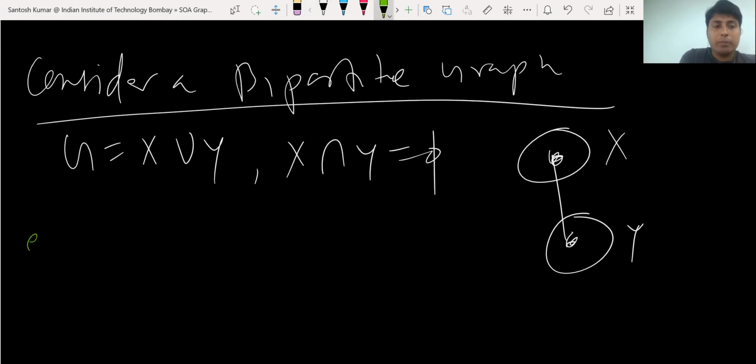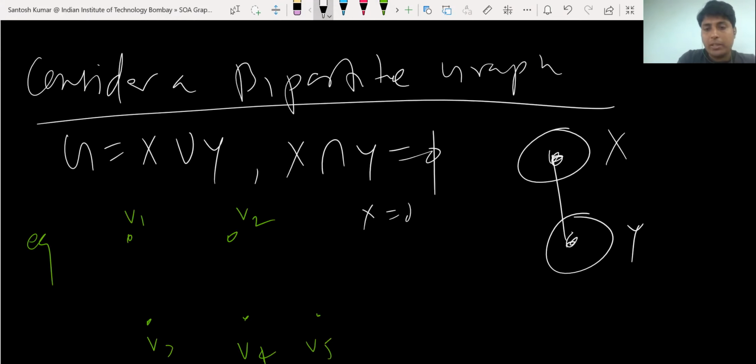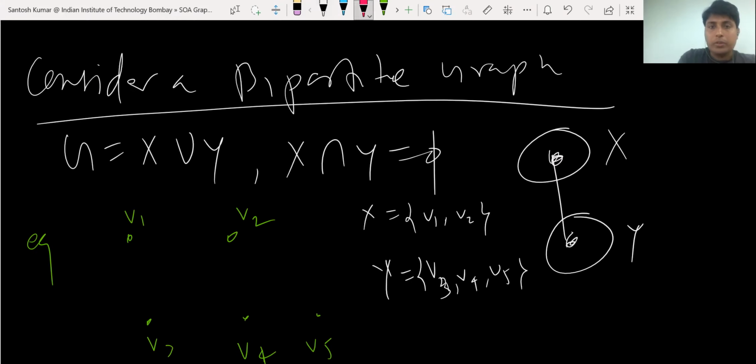Okay, so for example, we have one such graph. So let me write. Like V1, V2, V3, V4. We want to consider X as V1, V2, and Y as V3, V4, V5. The vertex set is actually 1 to 5.